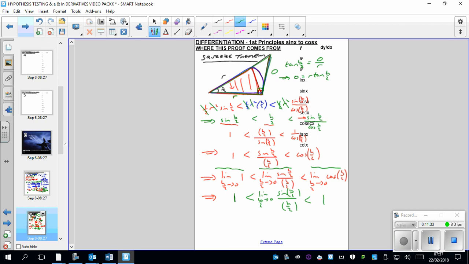So by the squeeze theorem, we're saying 1 is less than or equal to this thing, which is less than or equal to 1. Can you see it's squeezed between 1 and 1? So for this inequality to hold, which it clearly does, the inside must equal 1.